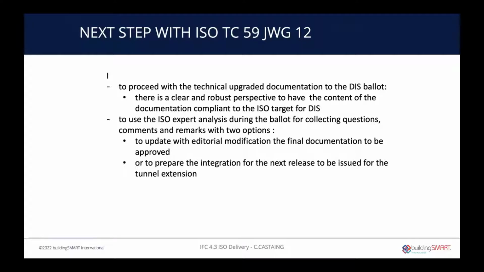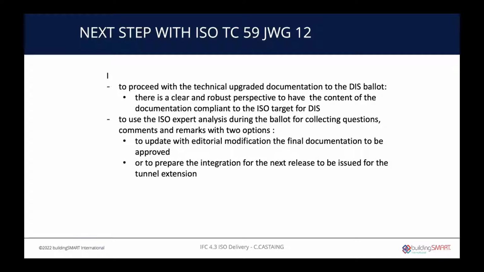The idea is the following one. The next step is to proceed to the ballot, to verify in the ballot process what we can implement, what we can accept in terms of modification in the new documentation compliant with the time schedule, and we'll make the selection of what is not acceptable, and what could be accepted but for the next release, arriving with the next IFC 4.4 regarding tunnel.